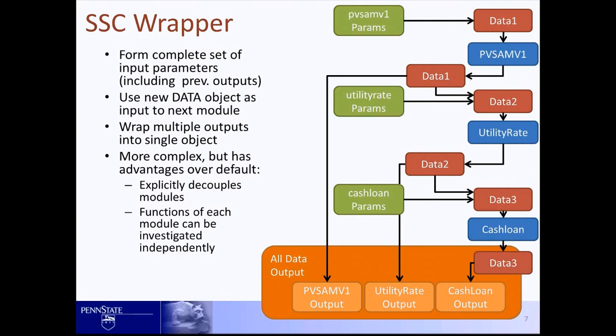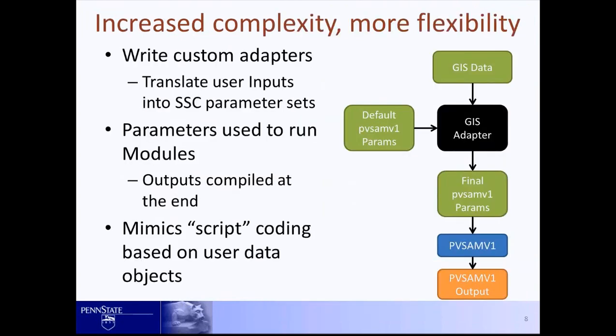Then rather than passing that directly to utility rate, we create a new data object that represents the inputs to utility rate. Some of that information is going to come from data 1, and some is going to come from the utility rate parameters. We pass that through utility rate, and so on, and then we can collect all the outputs together at the bottom.